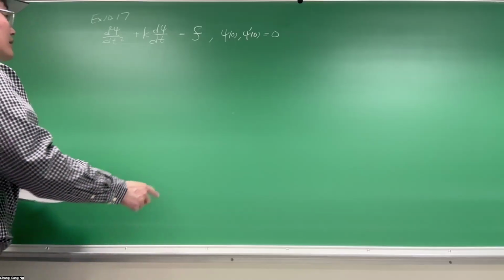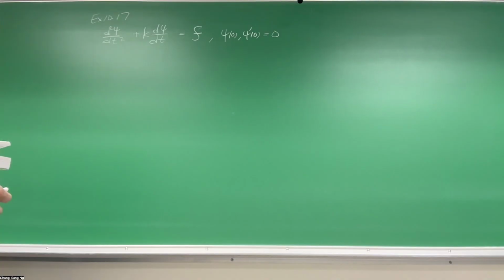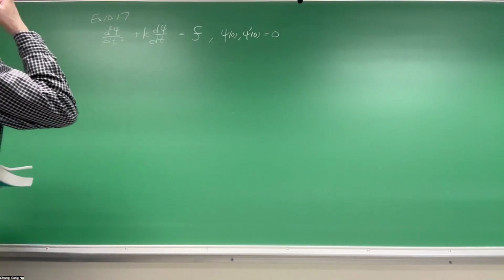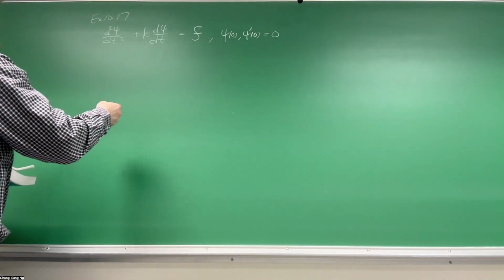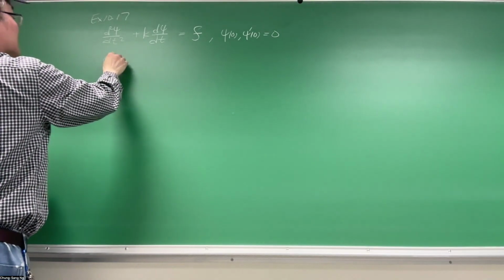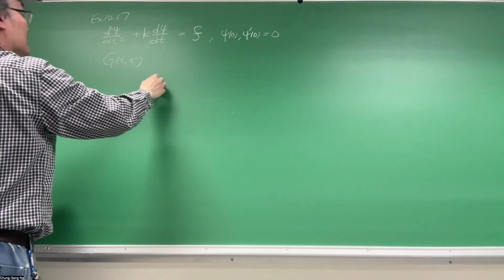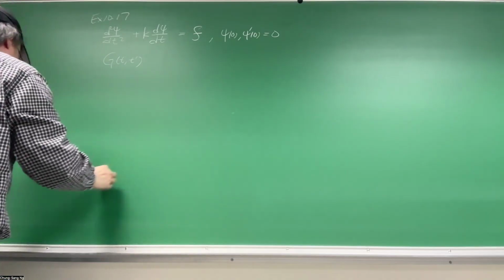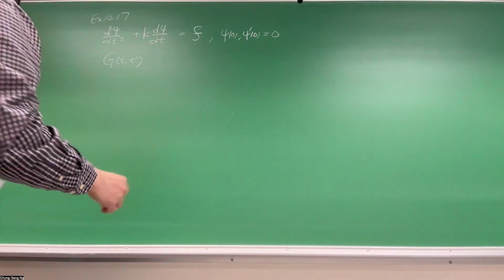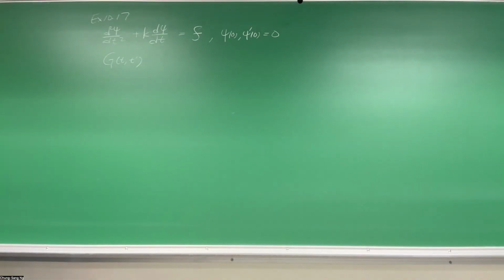Because of that, you want G(t, t prime). First you want to find the homogeneous solution. Let's find the homogeneous solution first.